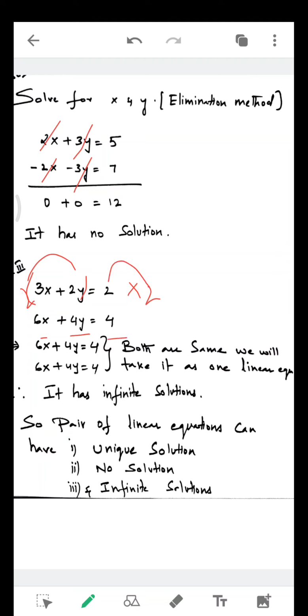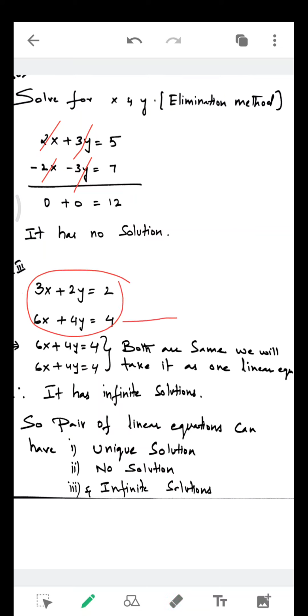So finally you can see here these two equations are nothing but the same. When you try to eliminate anything by subtraction, what happens here? Everything gets cancelled: 4y minus 4y, 6x minus 6x. So these two equations are the same equation.